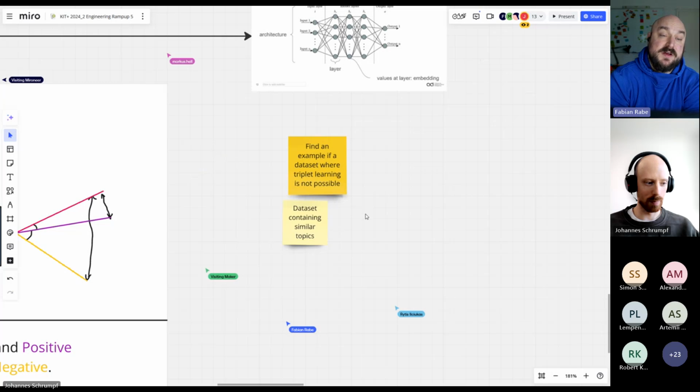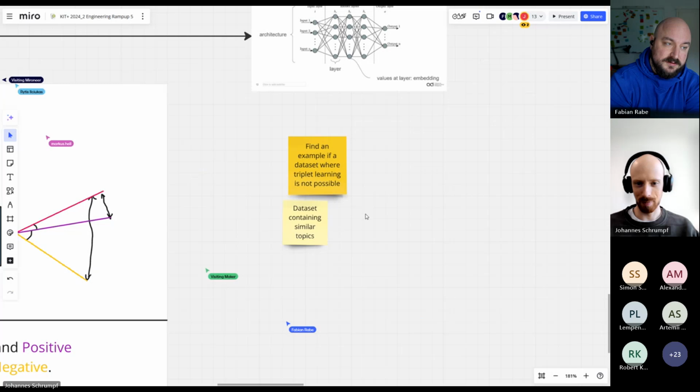I mean, if they are similar but not the same, then you just get a specialized embedding model, right?